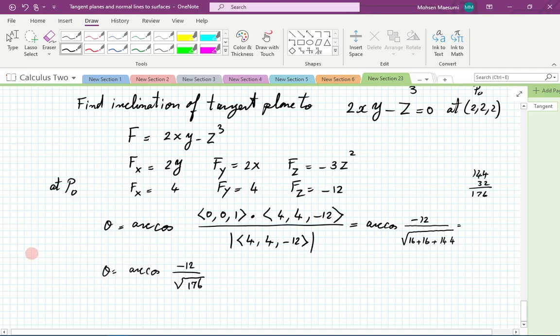Now it's customary that angles are given as acute angles. So when you use your calculator to figure out what this arc cosine is, you get an angle that's an obtuse angle.